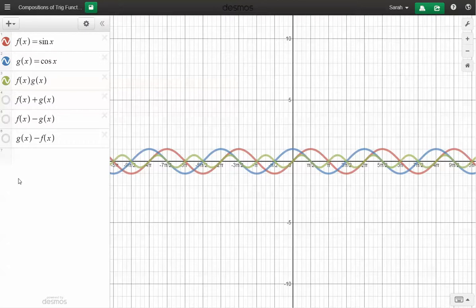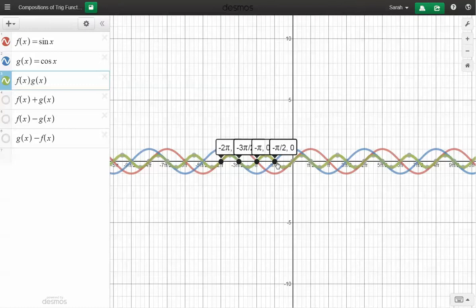So then we can compare them to the sine and the cosine, and we will look at, okay, what's happening? Why is this happening? We can look at like the intercepts. The intercepts of the cosine function at 0 are also x-intercepts of the new function of f of x times g of x. We could talk about why.